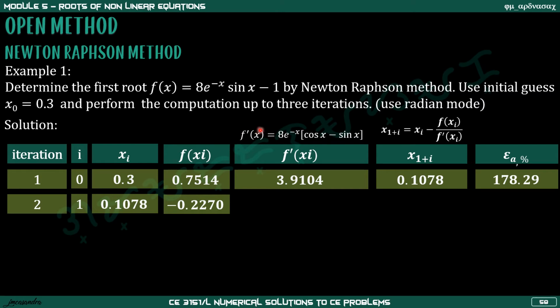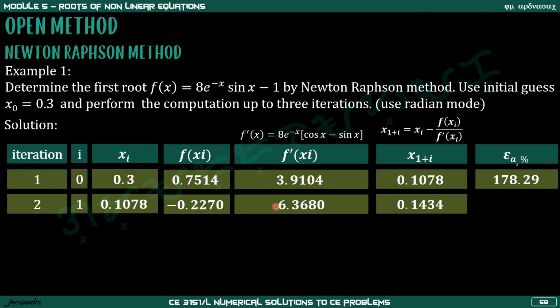Substitute xi in the equation of the derivative, and we arrive at 6.3680. With that, we can now compute x sub i plus 1, which is now x2, or the second iteration for x, which is equal to x sub i minus f of xi divided by f prime of xi, which is equal to 0.1434.